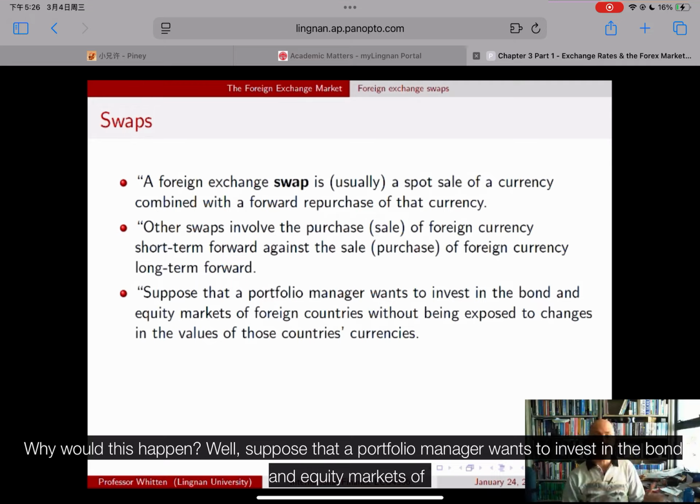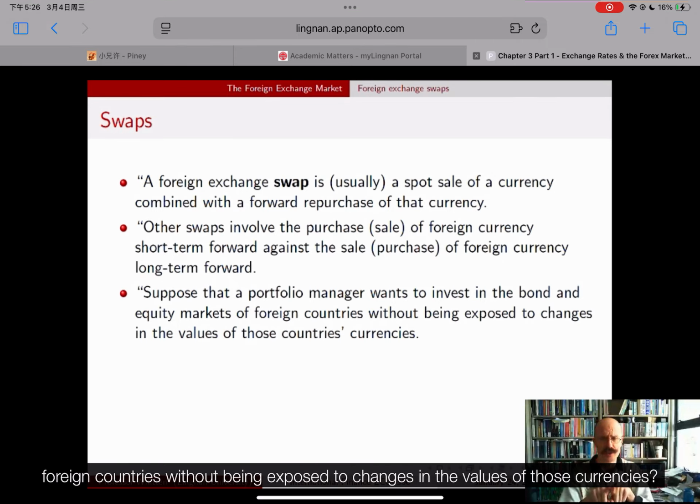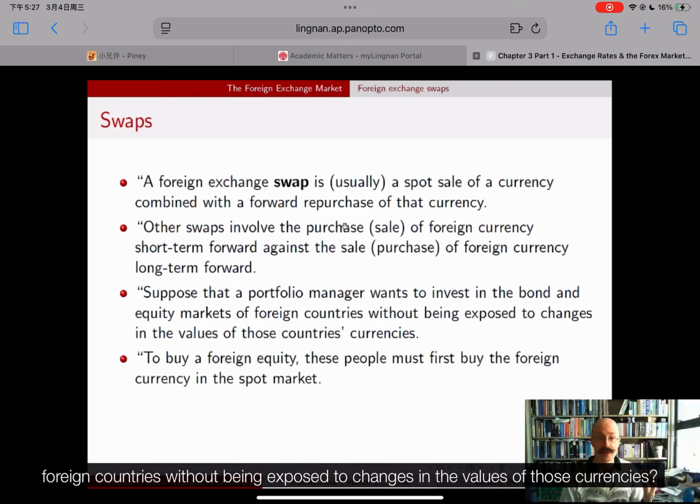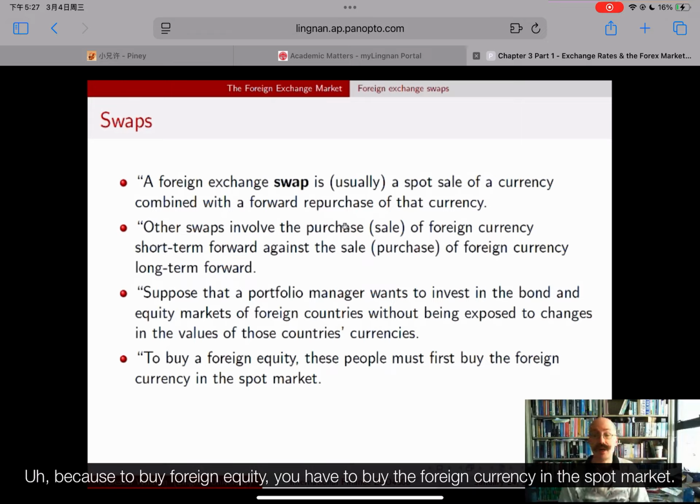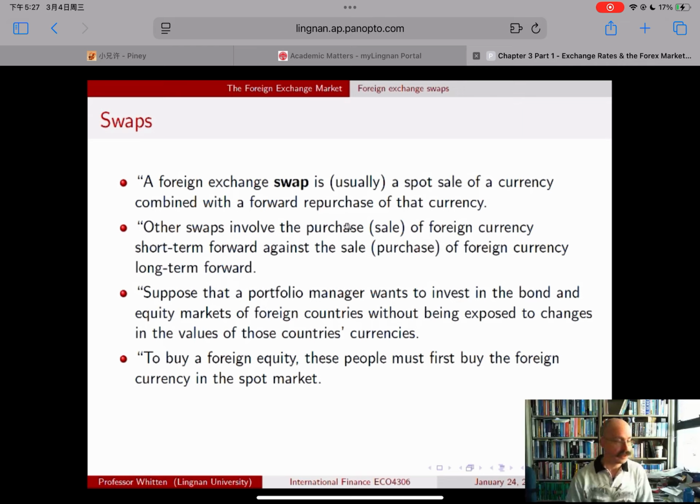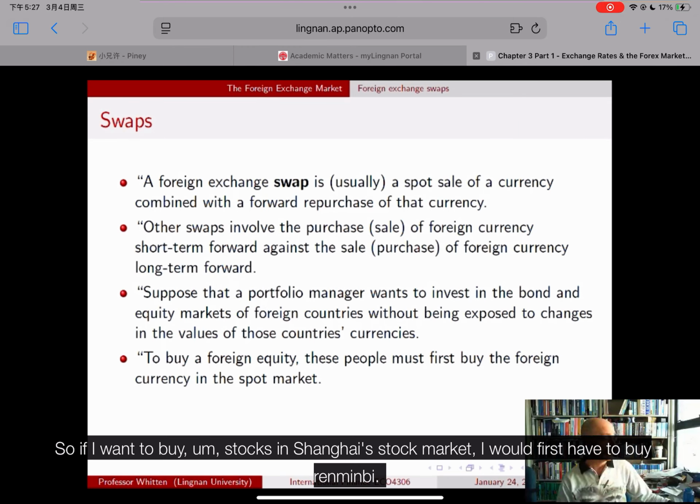Why would this happen? Well, suppose that a portfolio manager wants to invest in the bond and equity markets of foreign countries without being exposed to changes in the values of those currencies. Because to buy foreign equity, you have to buy the foreign currency in the spot market. So if I want to buy stocks in Shanghai's stock market, I would first have to buy renminbi.